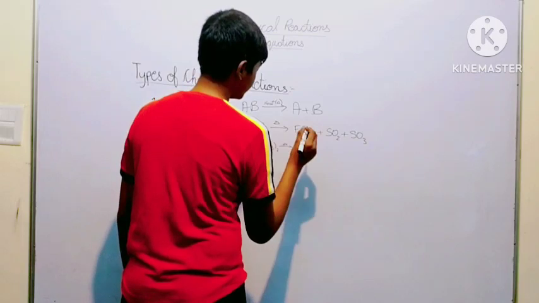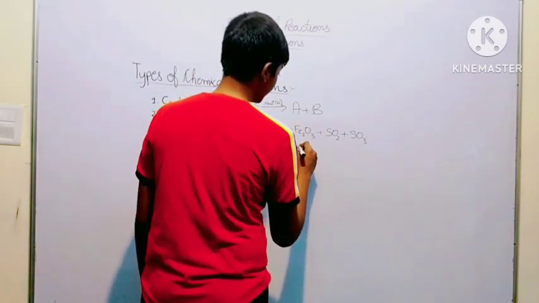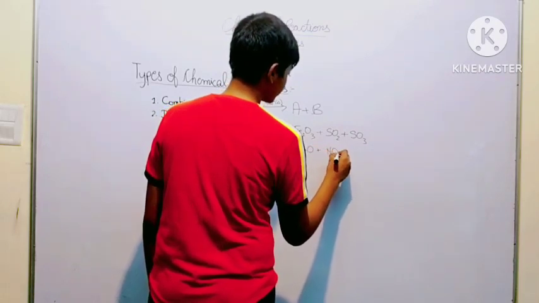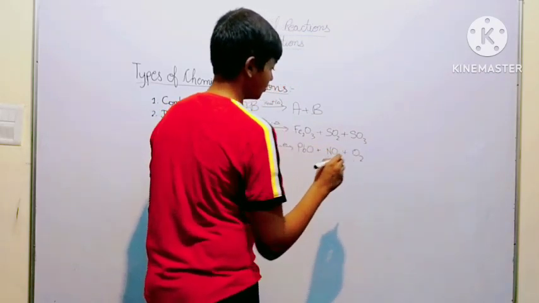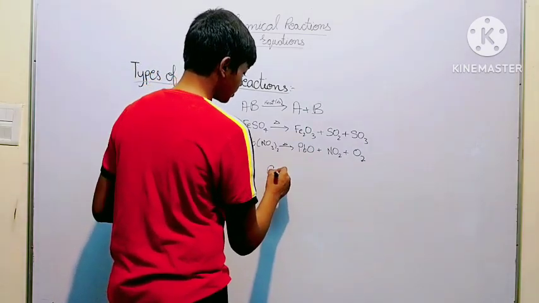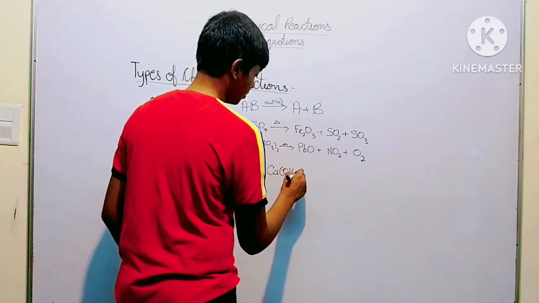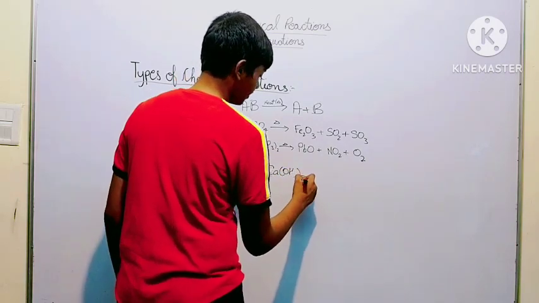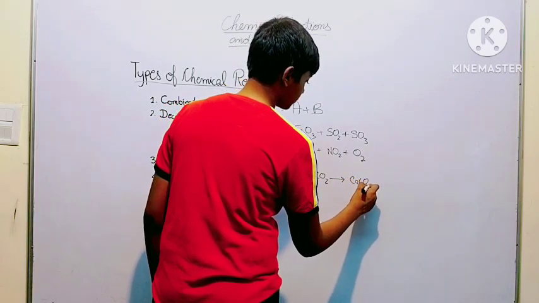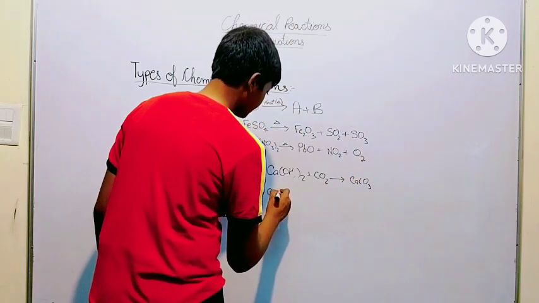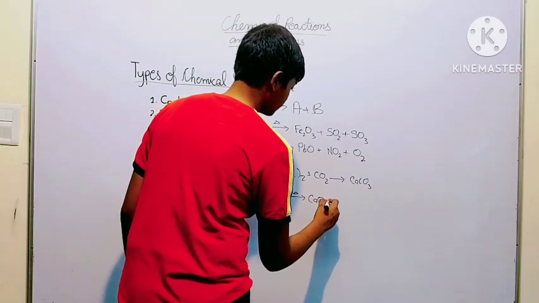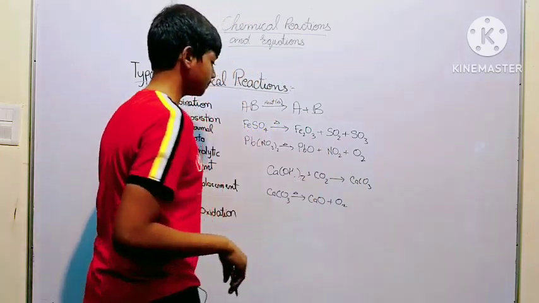When it is heated, it decomposes to form lead oxide plus nitrogen dioxide and oxygen. If you remember the combination reaction in which calcium hydroxide reacts with carbon dioxide, it gives calcium carbonate. When this calcium carbonate is heated, we obtain calcium oxide and carbon dioxide.